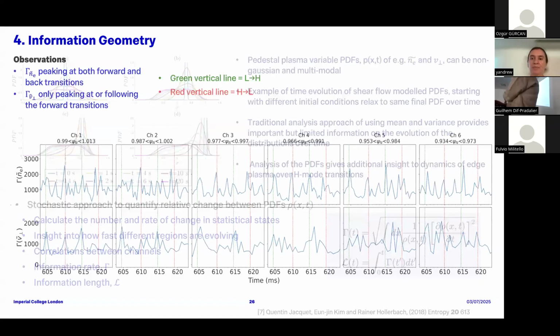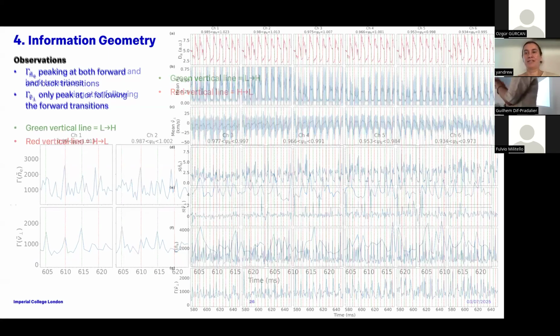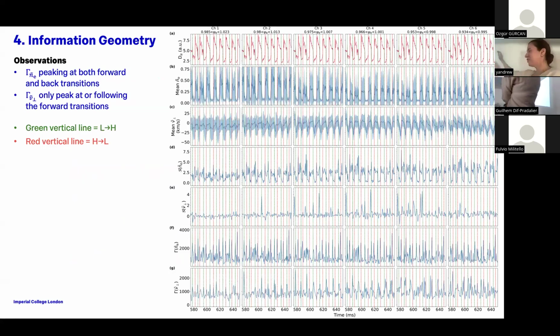Very quickly, we find information rate peaks at both the forward and the back transitions. Here we have the green and the red consistently across all channels. Less consistent and a very mixed picture for the perpendicular velocity. We see those peaks for this system consistently for the forward transition and a not so clear picture for the back process. And just to show you, we've analysed it across all cycles, so that's what I'm basing this on.